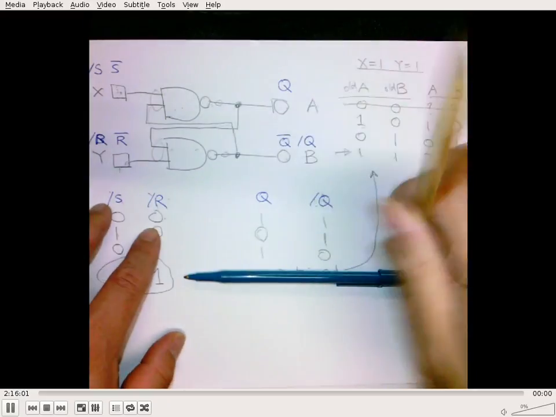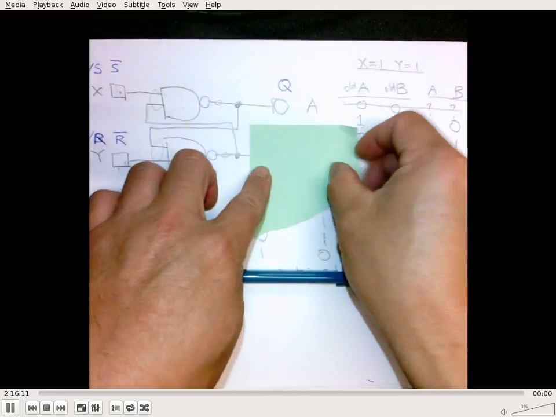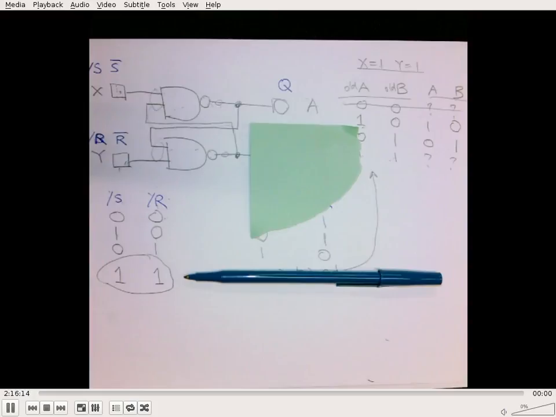So in an actual circuit, what you can do is, don't even bring the output of the bottom NAND gate out to a pin. That's possible.